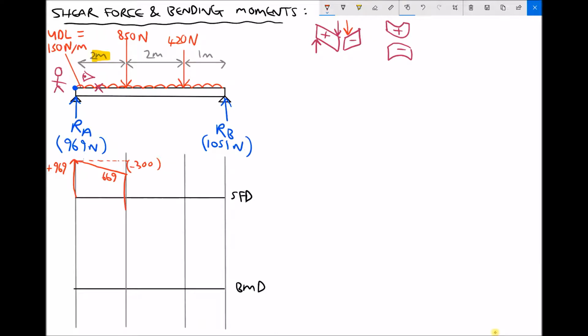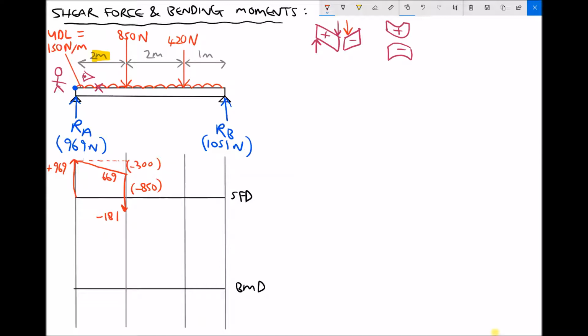So we're coming down again, minus 850 for that point load. In my calculator, I have 669, which was the 969 minus 300, and from that I need to minus another 850 for that point load. It takes me into the negative region, to minus 181.